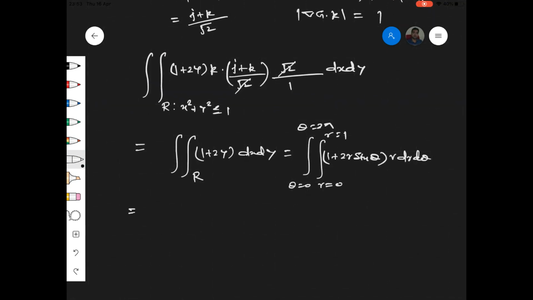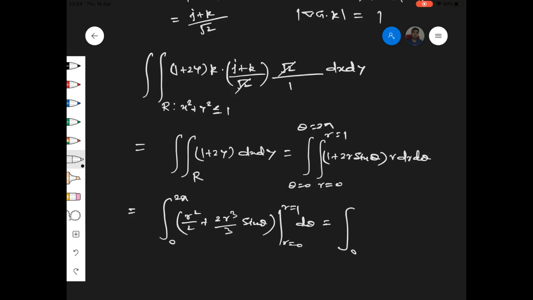Theta 0 to 2 pi, and once we integrate, it will come out r square by 2 plus 2r cube by 3 sine theta, limits of r 0 to 1, d theta. After substituting the value of r, it is going to be 1 by 2 plus 2 by 3 sine theta d theta.